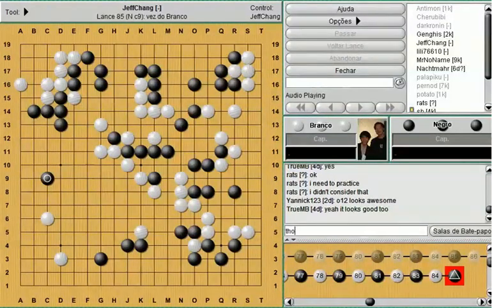Is that possible? That looks good too. But I want to tell you, 2MB, there's only one answer between those two. Between that good one and your good O15, there's only one that can lead white to victory.